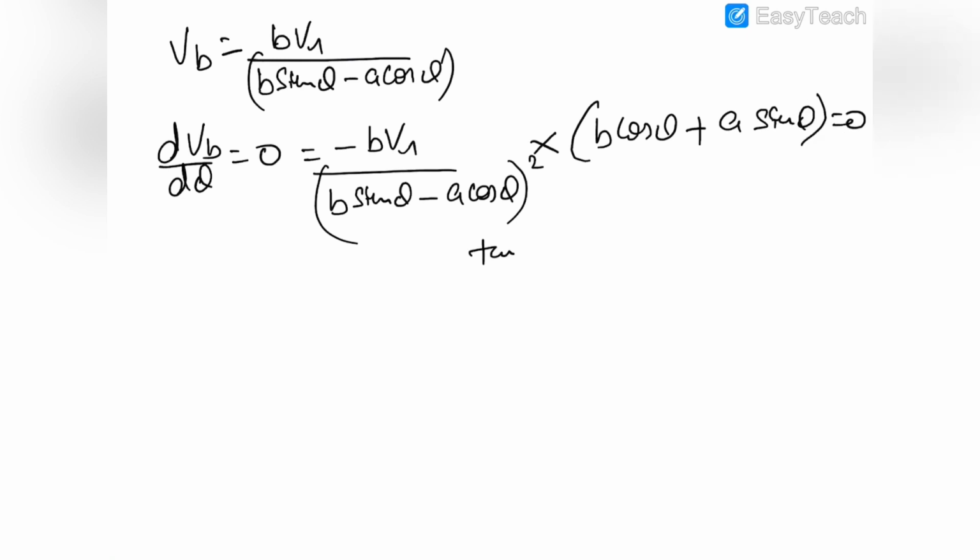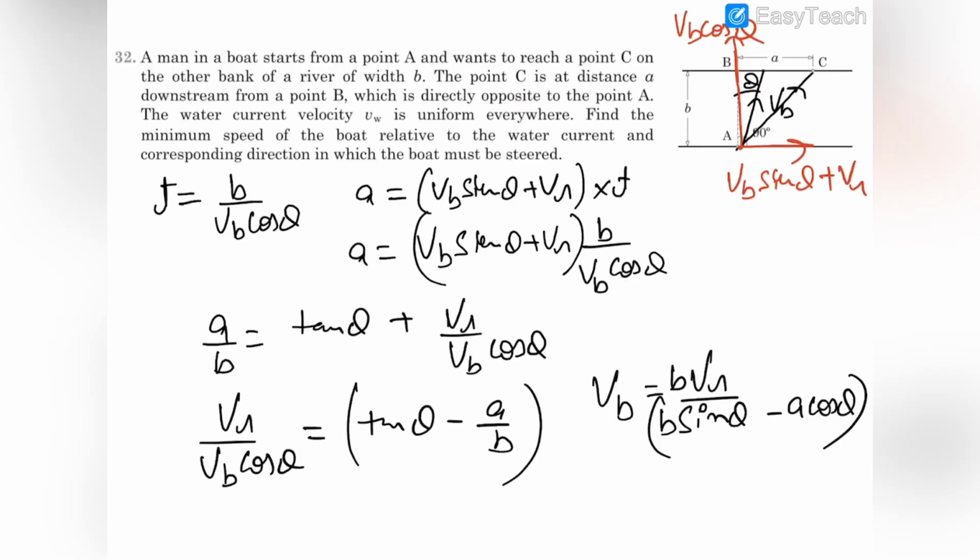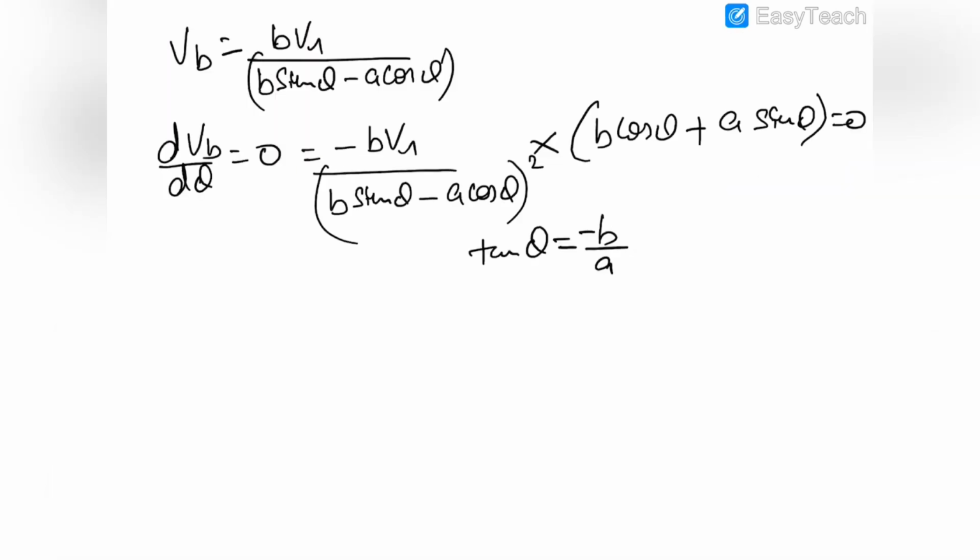So you can see that tan theta is equal to B by A with a negative sign, which means that the true direction in which he should move is this one. So this should be the angle theta, and if we consider that he is moving in this direction at this angle theta, then tan theta, in fact this angle is alpha, let's suppose.